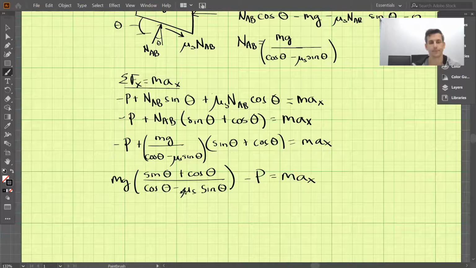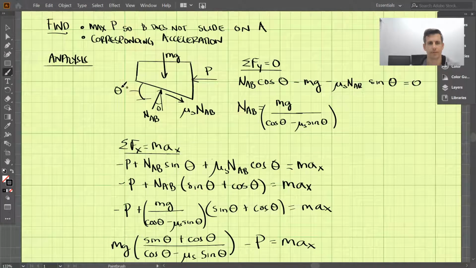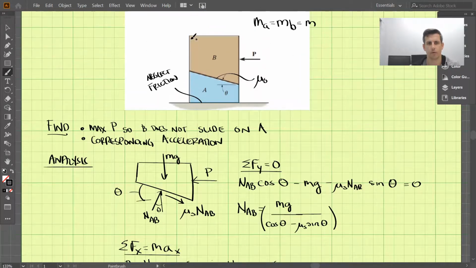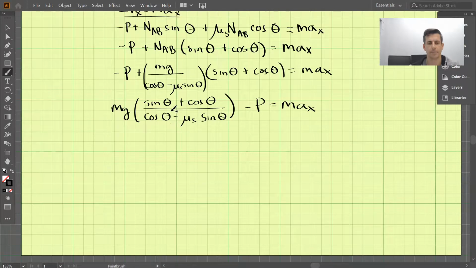All right, so I'm going to leave it like that here. And so how do we figure this out? Well, just by analyzing this one free body diagram, we can't really do it. Let's take the whole thing, the whole outline of this here, and let's analyze that as a free body diagram.